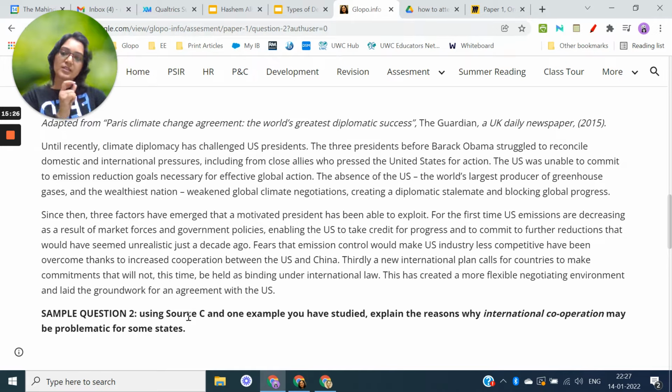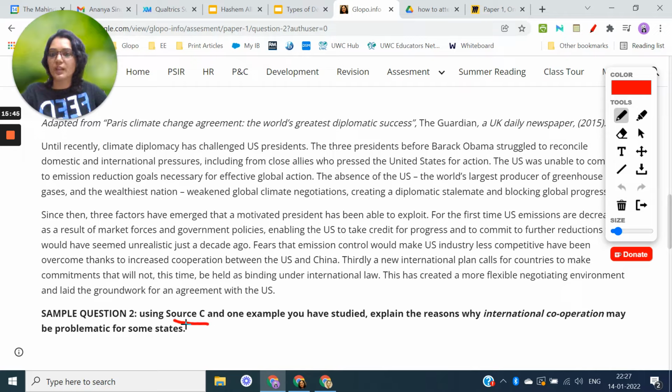If the examiner is asking you question number 2, then it should be from the source number B. No. Do not fall into this trap that you forgot to read which source is given to you, and you just tend to think that I have been asked source B. So no, you have not been asked source B, you have been asked source C. All right.